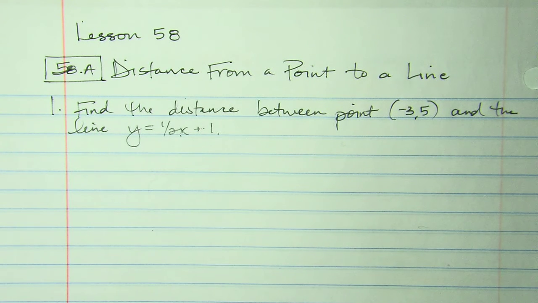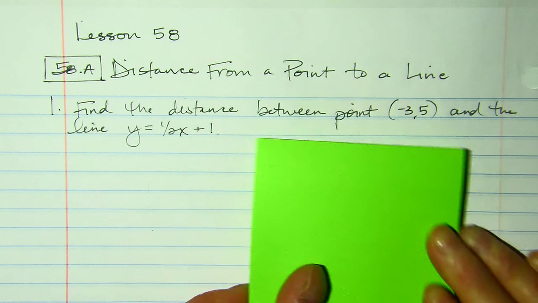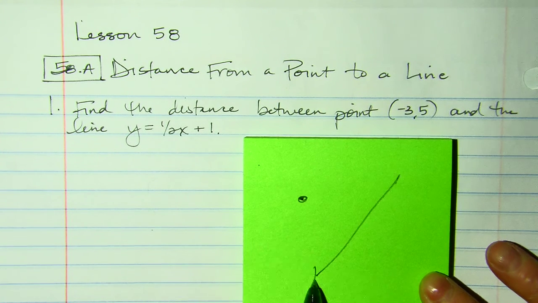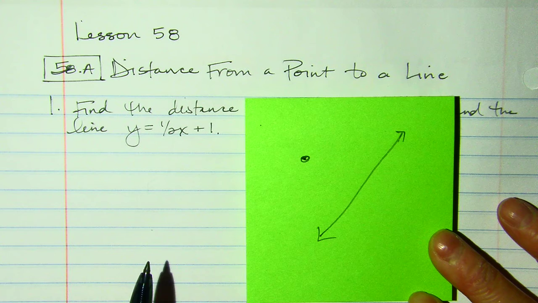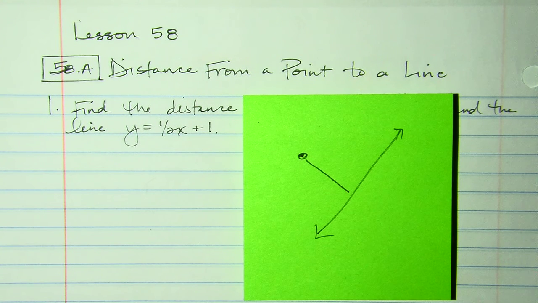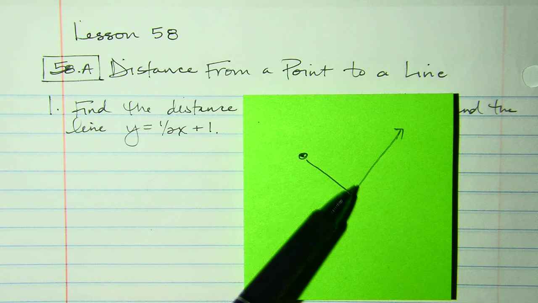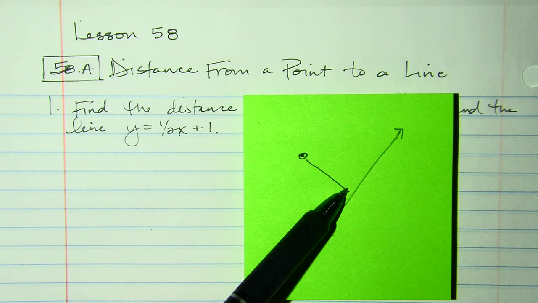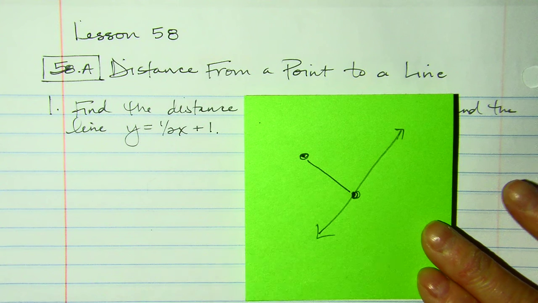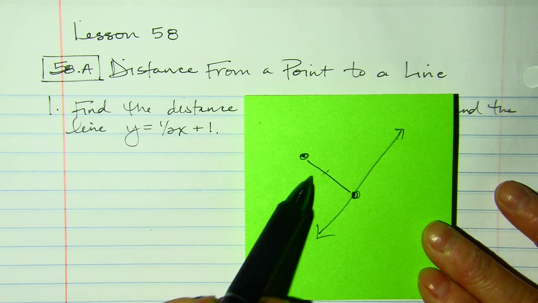If you could picture this visually, I have a point and a line, and I am looking for the distance. The easiest way to find that distance is to find a line perpendicular, find a point on that line, and then calculate the distance.